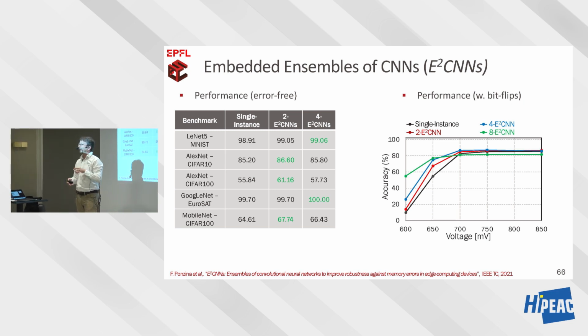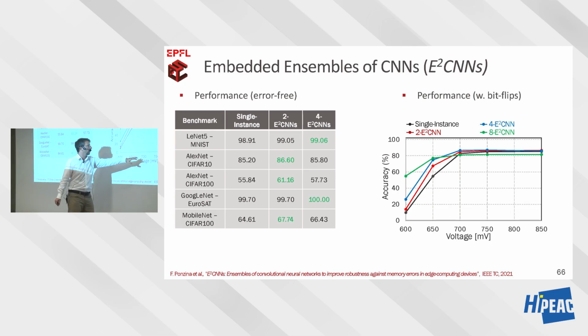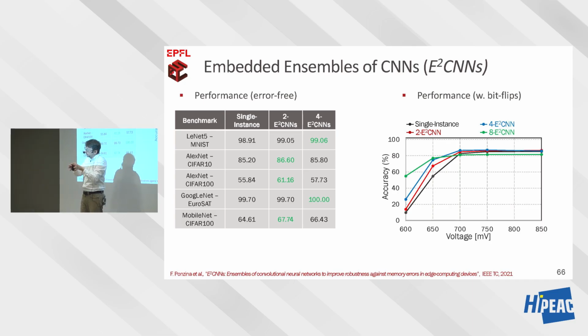So maybe having 8 small instances is just too much. You're better off with 4. But it also depends on what your voltage regime is. If you have a lot of bit flips and you can live with an accuracy degradation of just a little bit, then by all means just go with small networks replicated many times. Other questions?